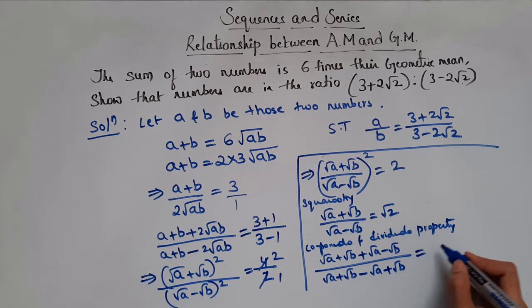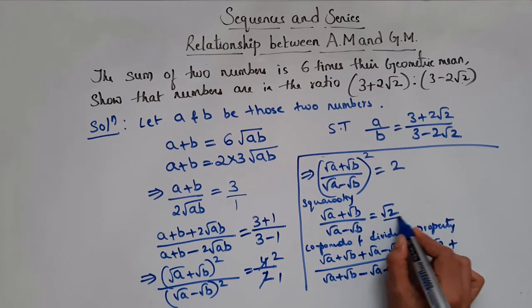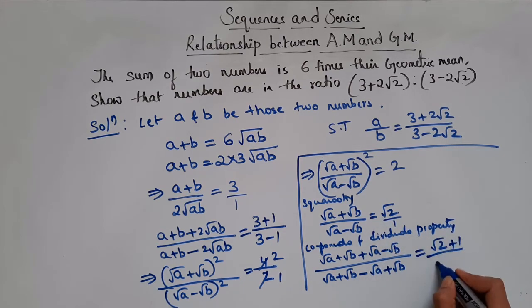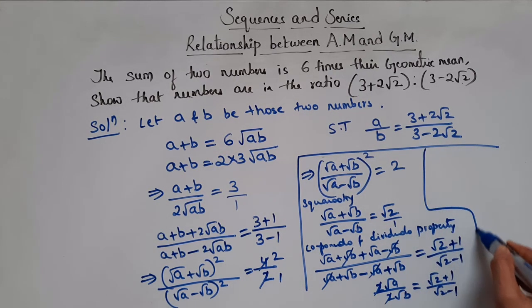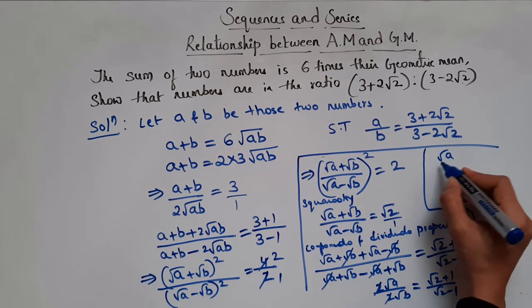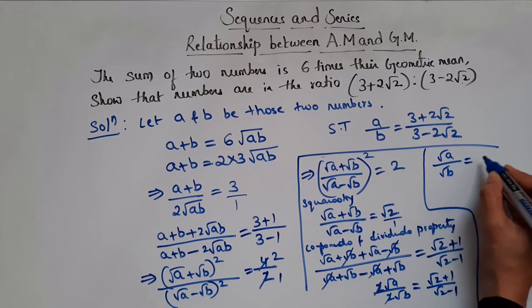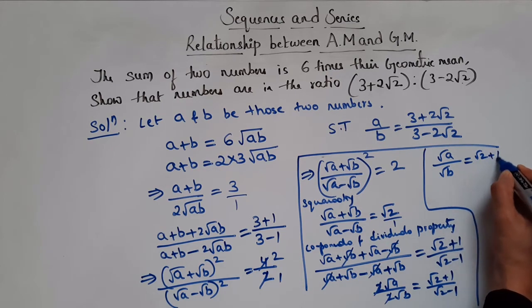Which is equal to C plus D, D here is 1, by C minus D. So now if you see, plus and minus, root b is gone. We are left with 2 root a by 2 root b, which is equal to root 2 plus 1 by root 2 minus 1. So 2 and 2 is gone. Let me continue here. We have root a by root b, which is equal to root 2 plus 1 by root 2 minus 1.